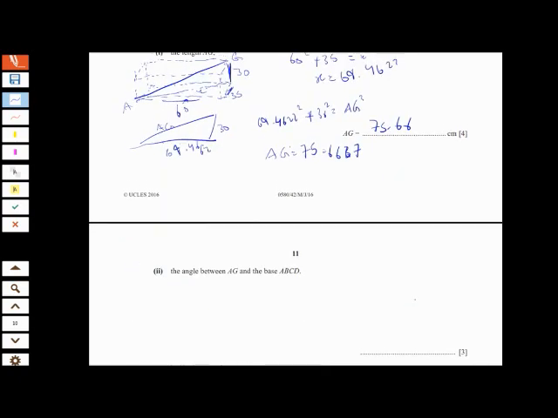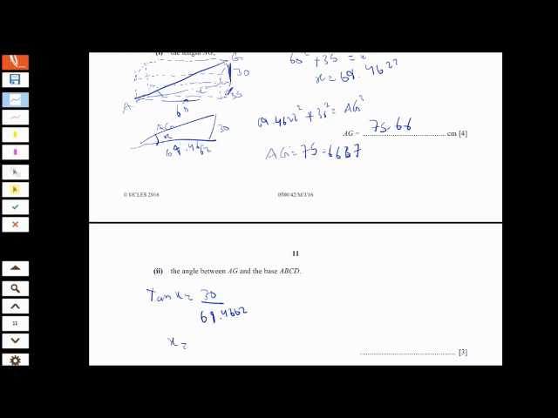Anyways, now the angle between AG and the base, which is basically this one right here. Let's name it x. You can find it using tan or sine or cosine, whatever. So let's find it using tan. Tan x equals opposite over adjacent, which is 30 over 69.4662.